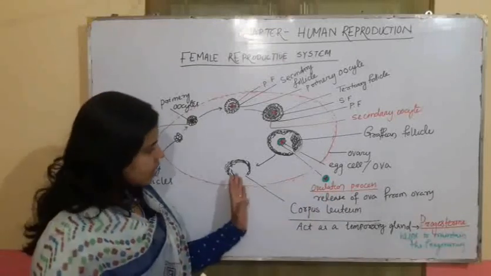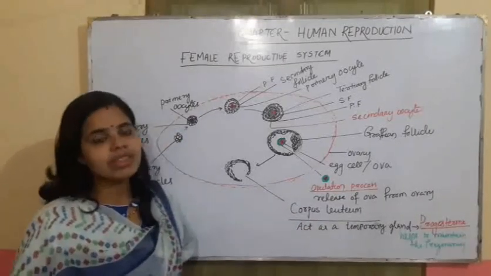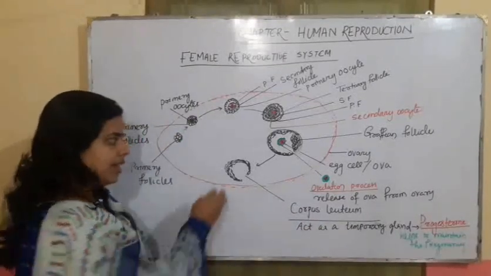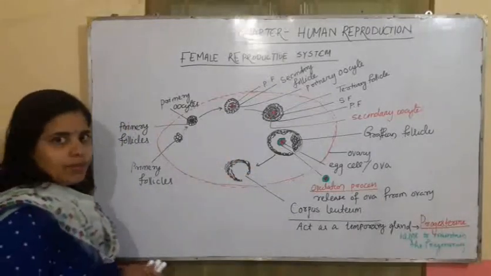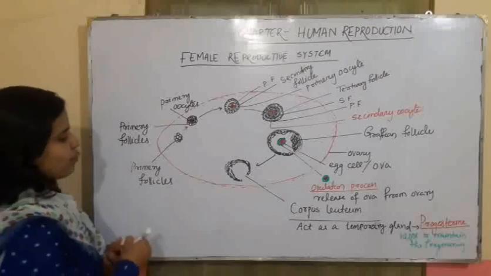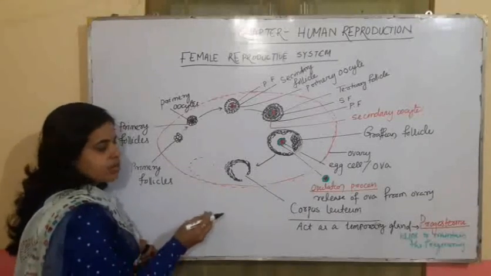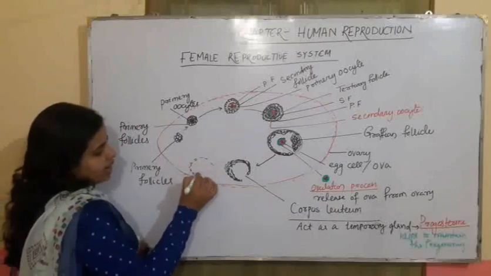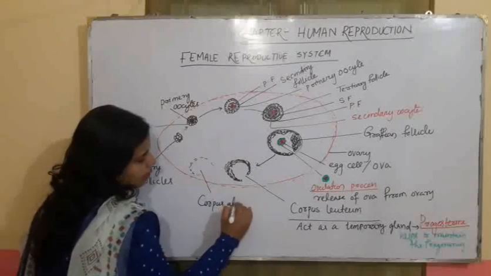Okay, and this corpus luteum continues its secretion. Suppose if fertilization does not occur, then the secretion of this temporary gland stops and it converts into a white mass of cells, it undergoes a disintegration process. So it converts into a white mass of cells that is called corpus albicans.